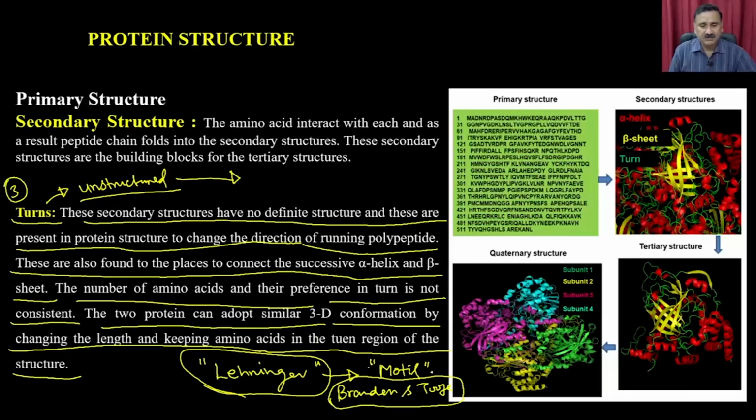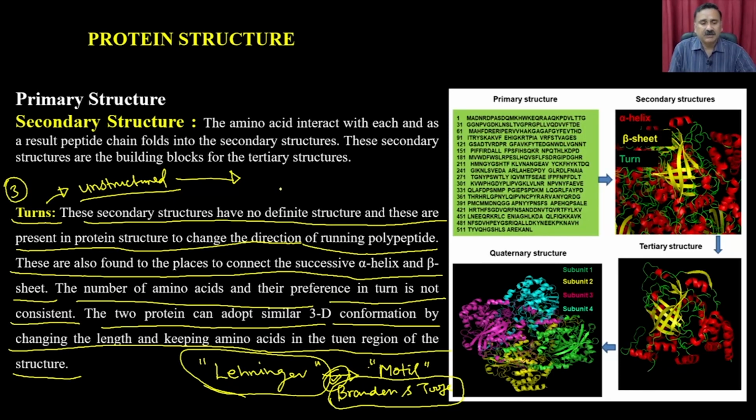What I will suggest is that students go through this book. There is a single chapter where they have discussed the motifs, and I think it's a very good idea. Okay, so we are not going to discuss the secondary structures in detail.